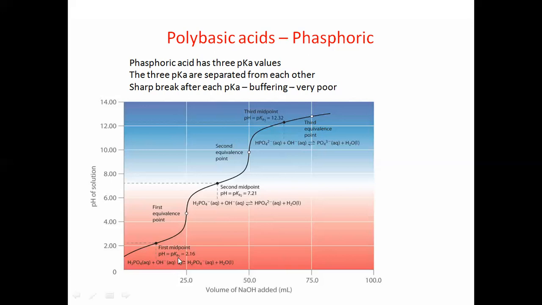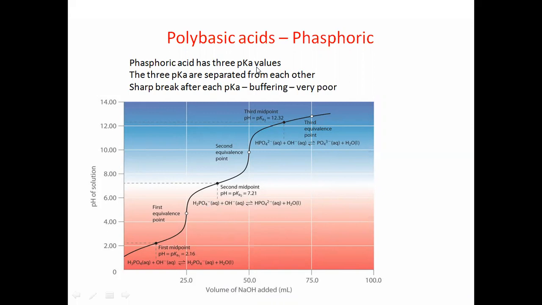At pKa1, 2.16, phosphoric acid loses one proton and the equilibrium exists between H3PO4 and H2PO4 minus. At pKa2, 7.21, it loses one more proton, so the equilibrium is between H2PO4 minus and HPO4 2 minus. At the third level, the equilibrium is between HPO4 2 minus and PO4 3 minus. Therefore, it has three pKa values.